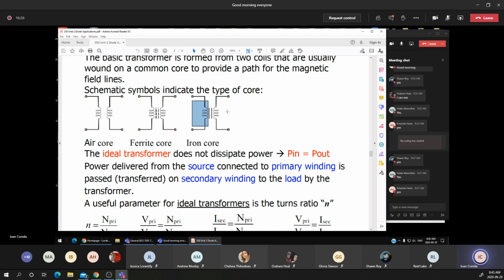Yes, in some cases I can. It means I can connect the right side to a voltage source, and that winding becomes the primary winding. If I'm connecting the left side of the transformer to a load, that winding becomes the secondary winding. Always, the primary winding is the winding connected to a voltage source, whether the left side or the right side.